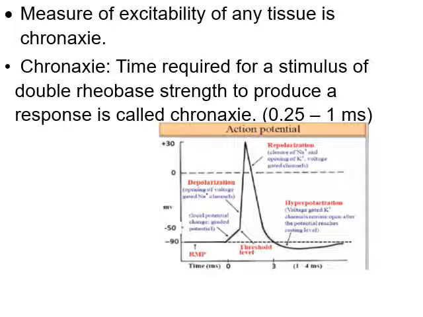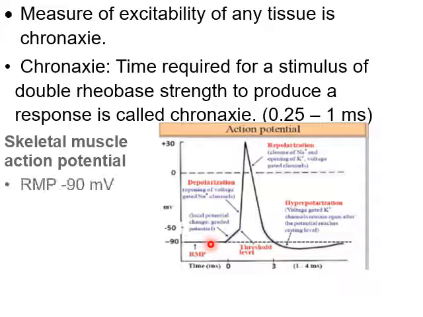Yes. Now let us see how the action potential is seen as an excitable property of the skeletal muscle. The action potential is quite similar to the action potential seen in the nerve, which consists of a resting membrane potential of minus 90 millivolts, and the moment the depolarizing level reaches minus 50 millivolts, it fires, which is called the firing level.